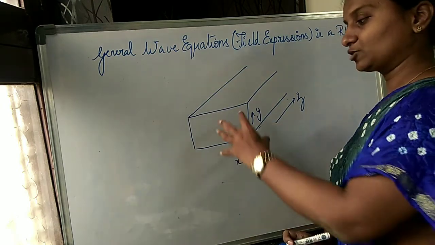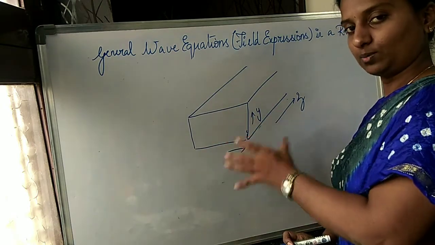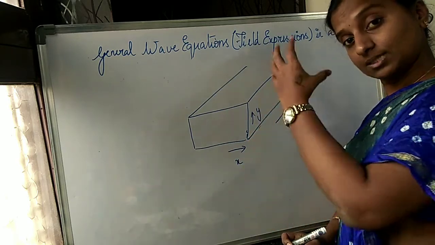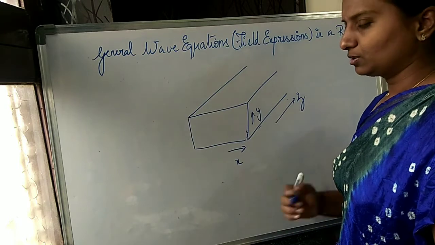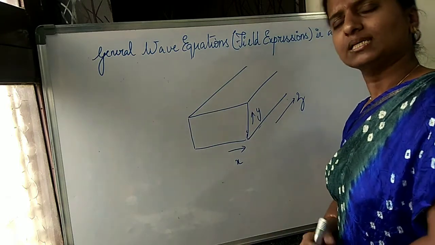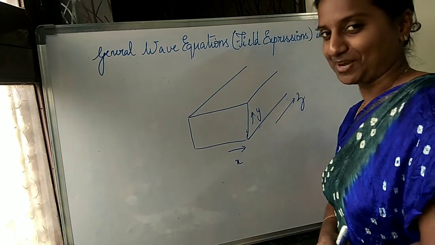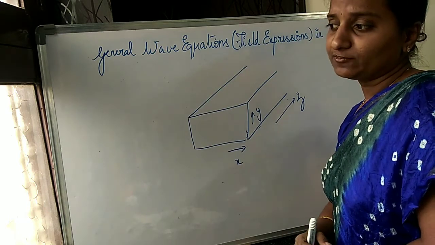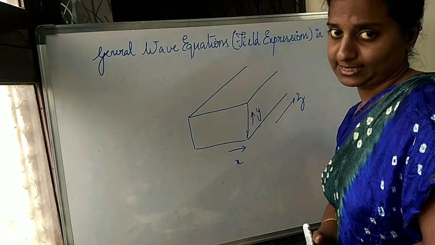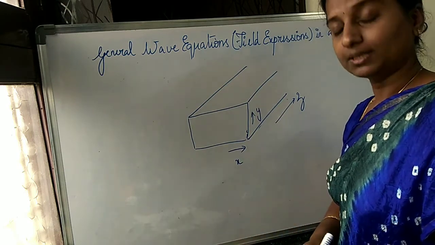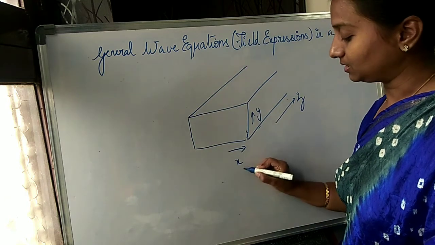So when I send an electromagnetic wave inside this hollow waveguide, the wave is going to pass along the z direction. When the electromagnetic wave is passing, it is going to have some field, right? It should have an electric field as well as a magnetic field. We do not know where they will be present, but there will be 6 components.